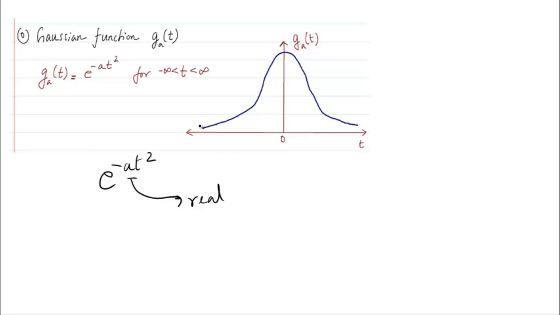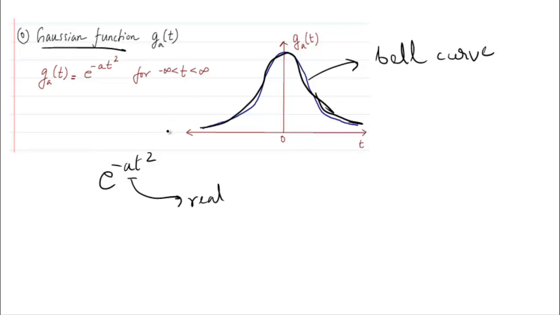And when you draw it, the shape will look like this, a Gaussian pulse. In other textbooks it is sometimes also called the bell curve. But in our signals and systems course, we will call it a Gaussian function, G-A-U-S-S-I-A-N, and this is the equation for it.